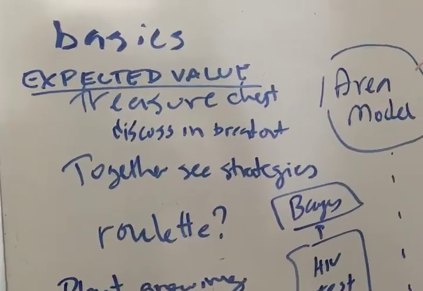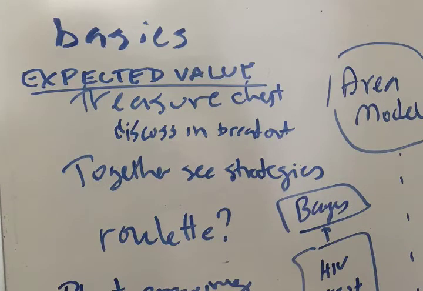Over here on the left, everything's written in my nearly illegible handwriting, and so I can read it to you. Here you can see basics, expected value, treasure chest, discuss in breakout, together see strategies. Remember the treasure chest where there was a 50% chance of getting $30 and a 1/3 chance of getting $60 and 1/6 of $300?